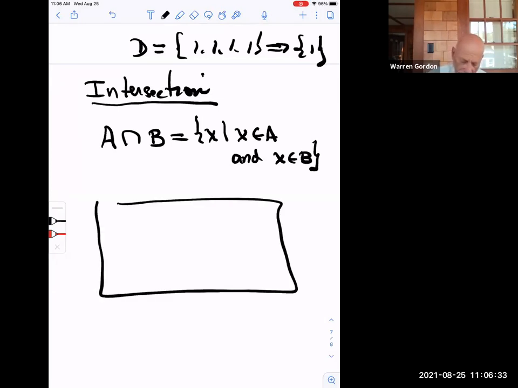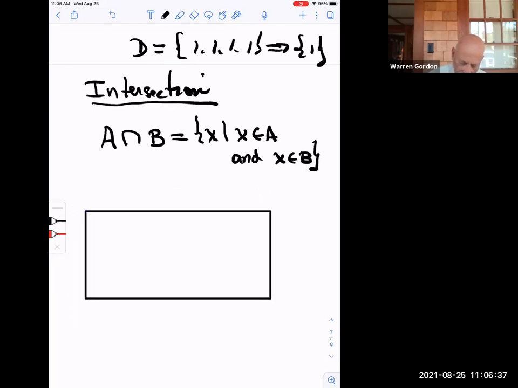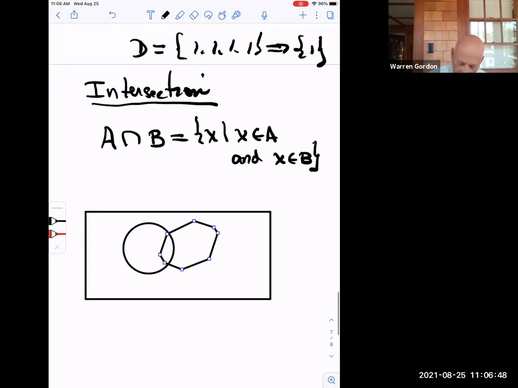Pictorially, here's A. Well, it's a funny circle, but it doesn't matter. Here's A, here's B. It's the region common to both.